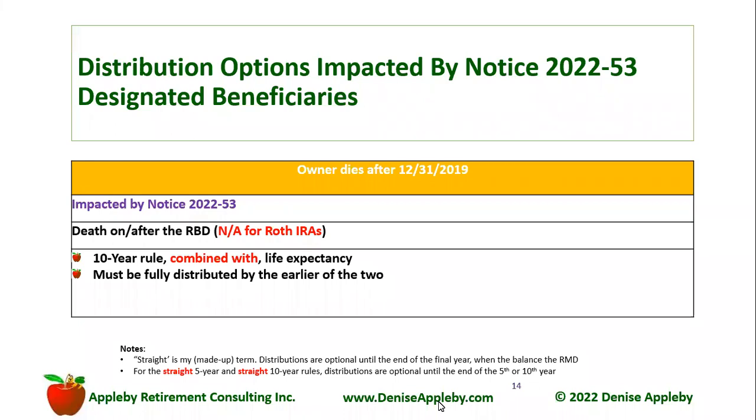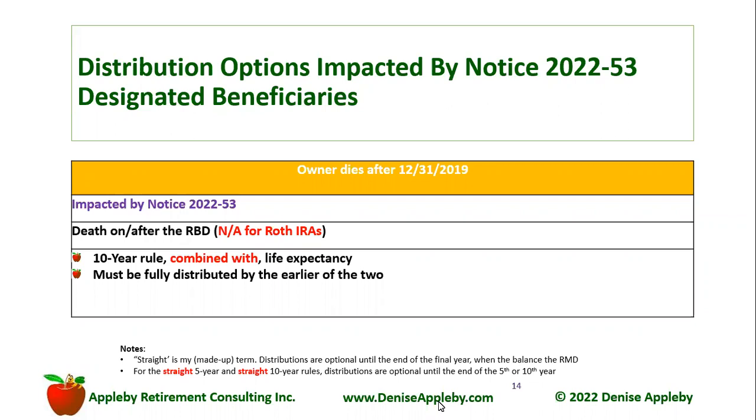But if it does pass, I think that it's not going to be effective for this year. Like the first SECURE Act, it could likely be effective for 2023, which is the next year. But like that too, I think there are some provisions that might not take effect until maybe 2024 to allow IRA custodians and plan trustees to update their systems to catch up.